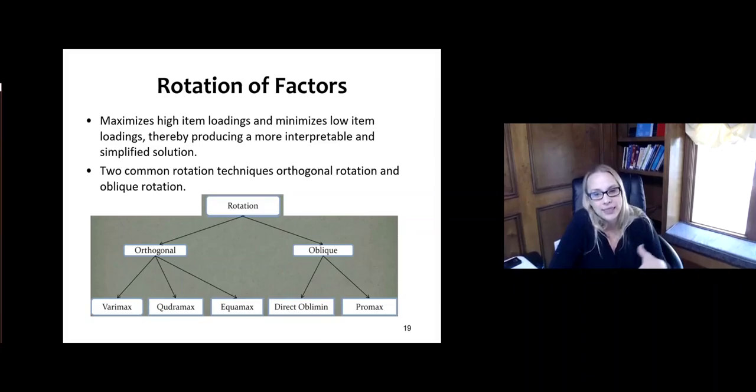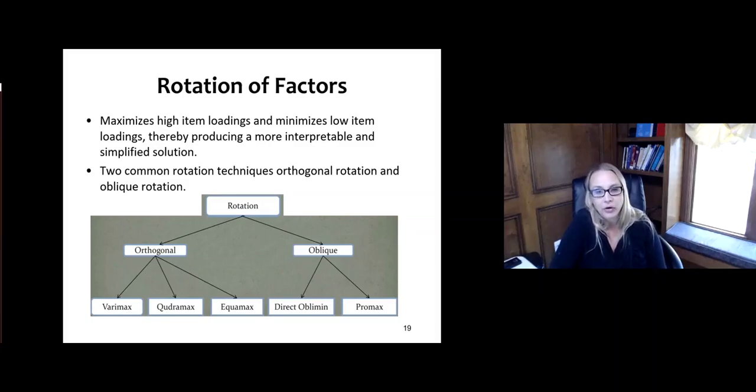The way I think about it is, as I mentioned before, each of these X variables, so let's say we have 100 X variables, we're going to take each of those 100 variables and they're going to load to some extent onto our different principal components. By rotating the factors or principal components, what we can do is maximize the loadings for the ones that have high loadings and minimize the ones that have low loadings.